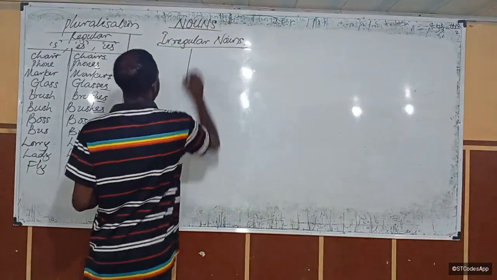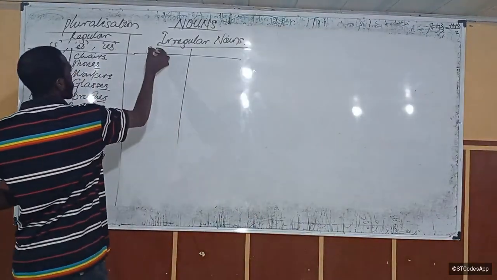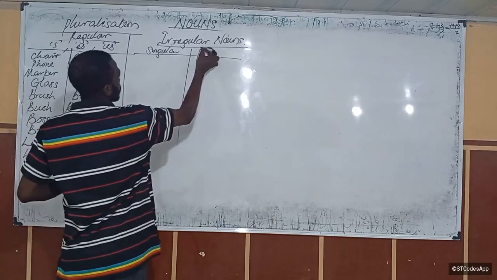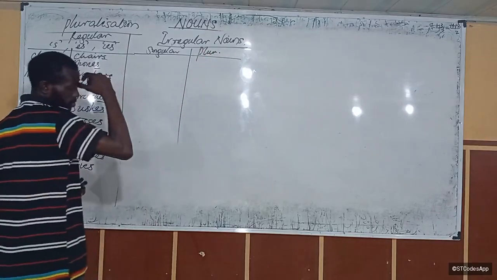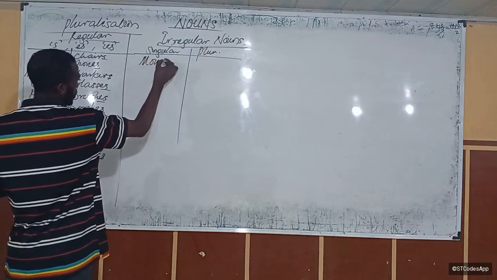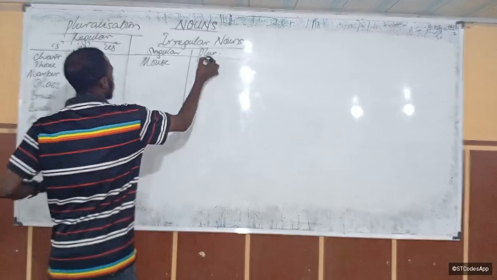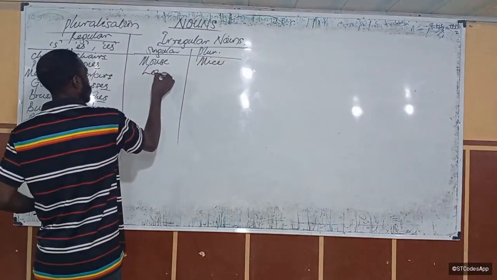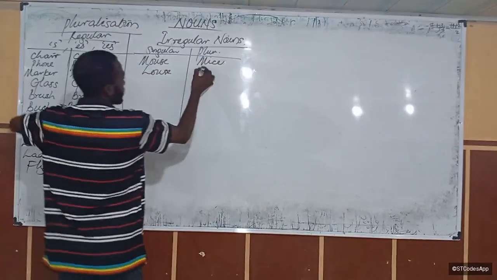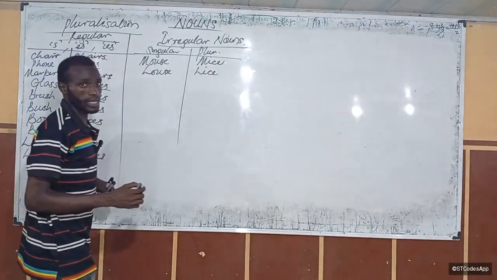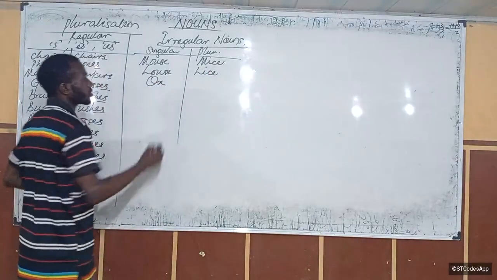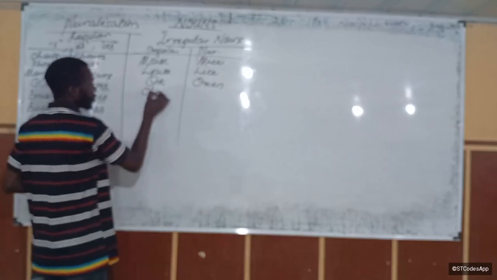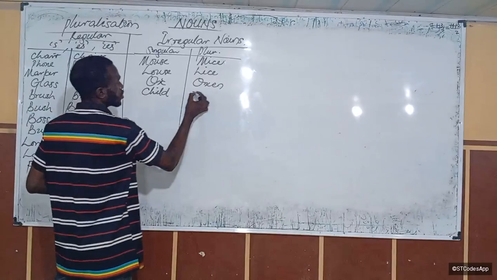All right. For example, we have the singular. By the way, this is singular, this is the plural. Now, we have a mouse. That is one mouse, two mice, not two mouses. We have louse on the head, and we have lice. Is that okay? We have ox, and the plural form is oxen. We have child, one child, two or more children.